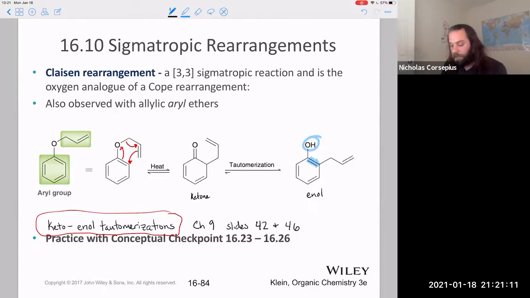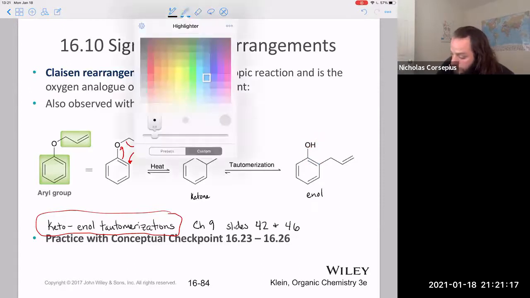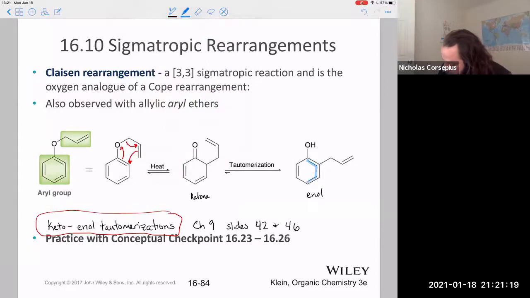This is this keto-enol tautomerization. The reason why this particular reaction actually favors the enol is because you get this nice stable benzene ring that's formed. Okay, so this is a very specific example using an allylic aryl ether, which will actually first do our normal sigmatropic rearrangement forming a ketone, but then another step further will undergo this intramolecular tautomerization to finally end up with an enol.